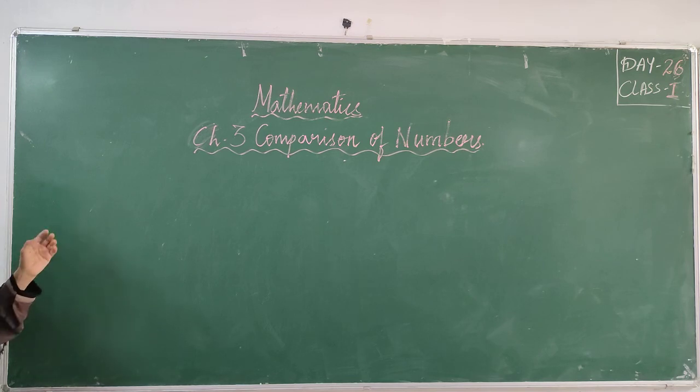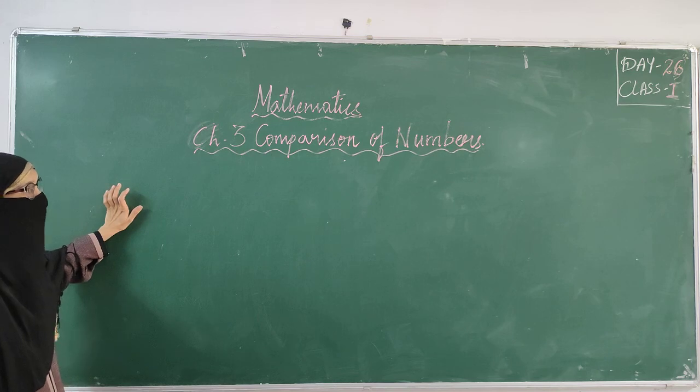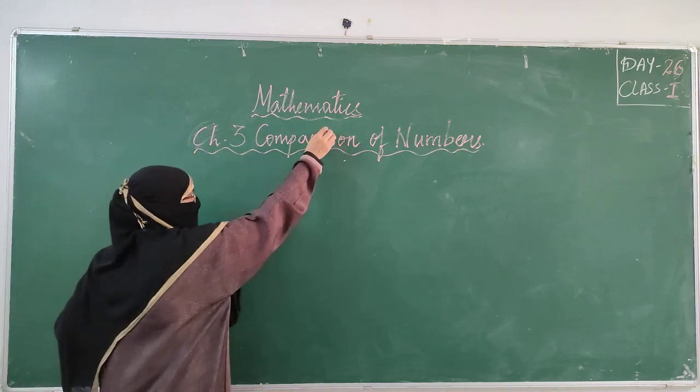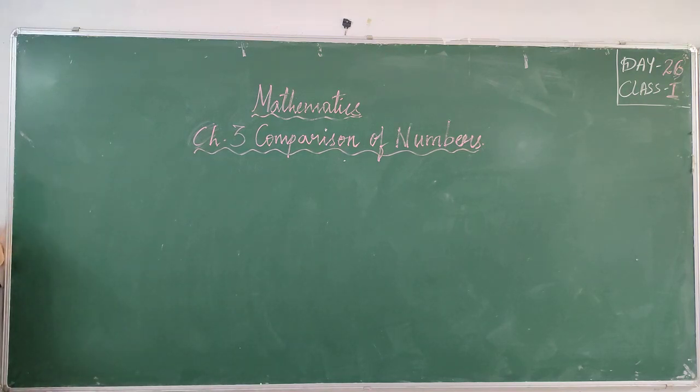Today we are going to study comparison of numbers. In comparison of numbers, yesterday I explained to you about ascending order. Ascending order means to arrange the numbers from smaller to bigger.